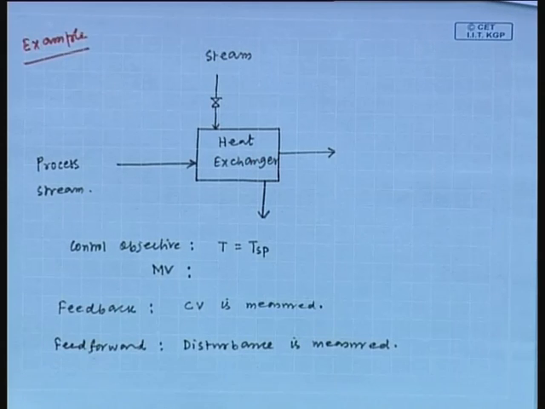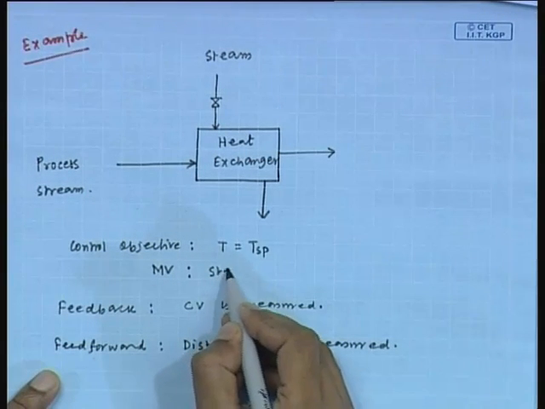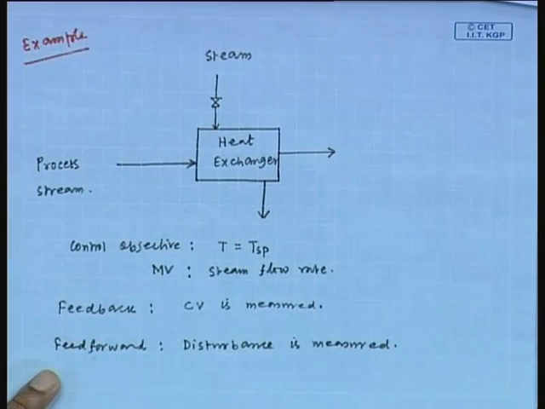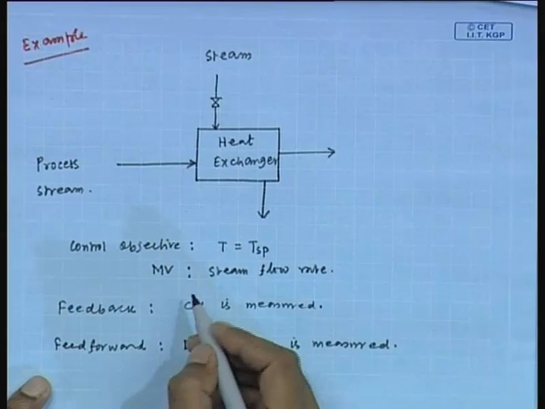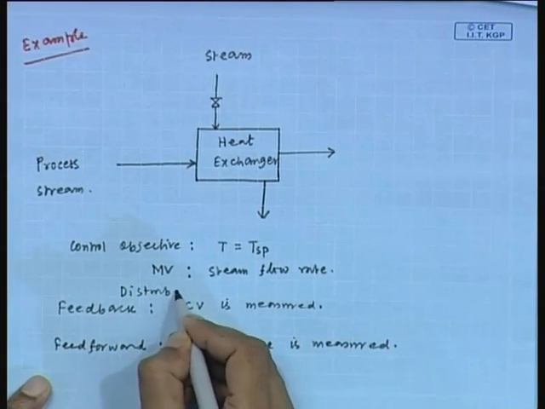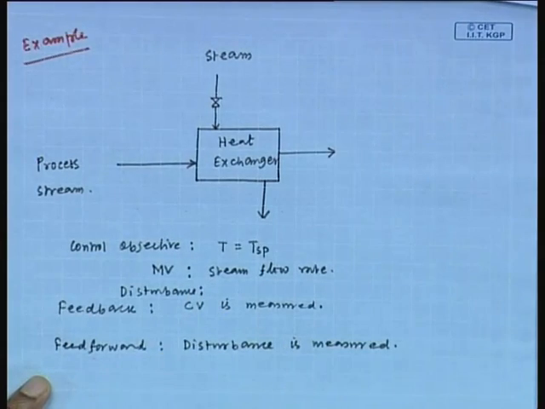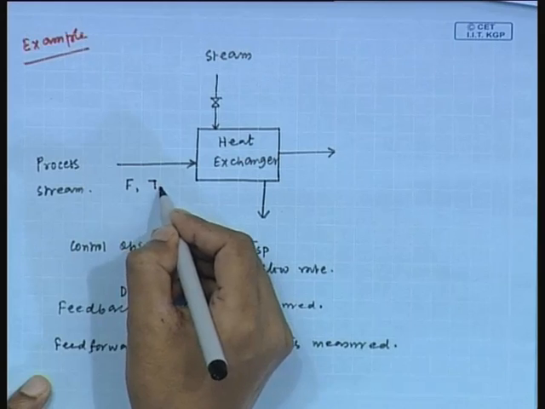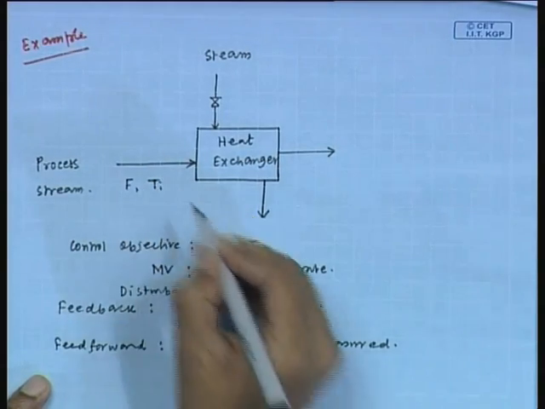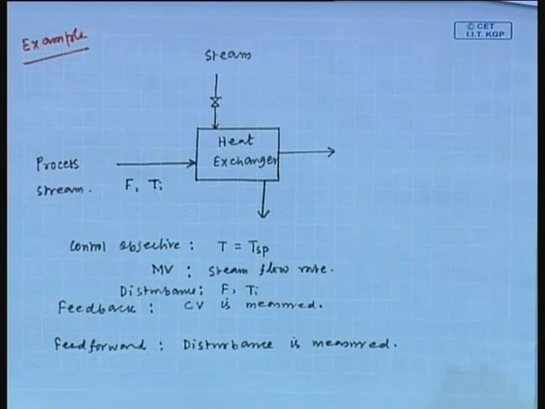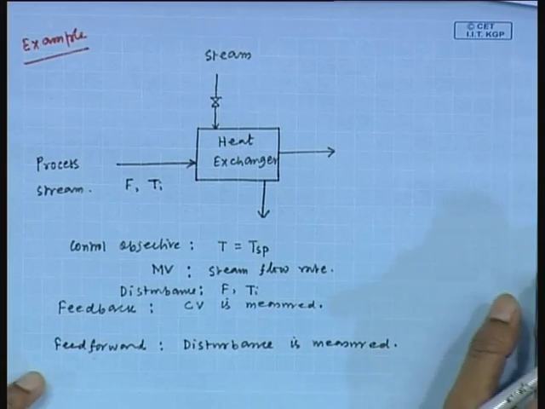Manipulated variable is steam flow rate. What are the disturbances? One is process stream flow rate, another one is process stream temperature Ti. So, flow rate and temperature Ti, these two are the disturbance variables.